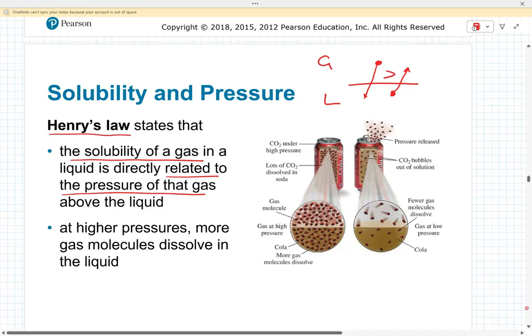Why is this important? I think we did have a conversation about the partial pressure of gases, remember? When you go into the mountains, right? The partial pressure of oxygen decreases. Does that make sense?